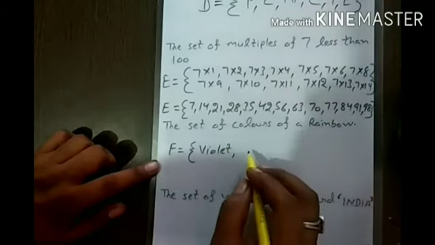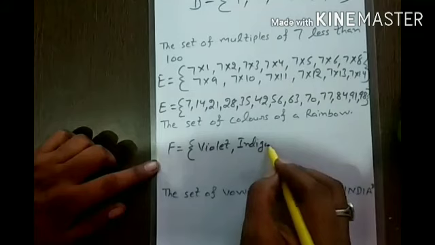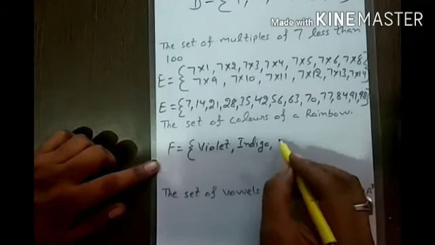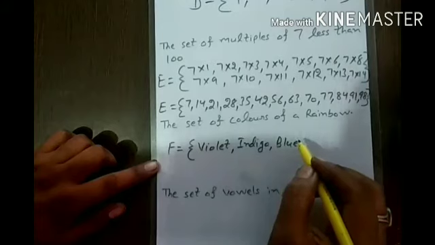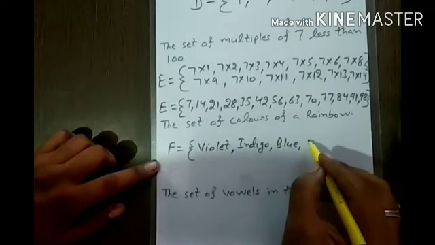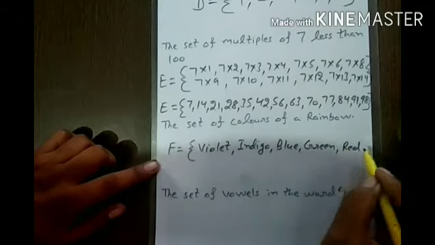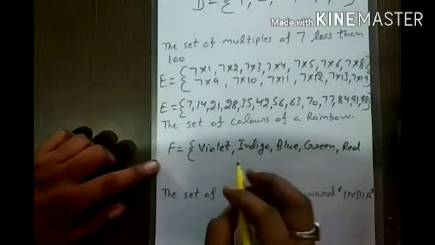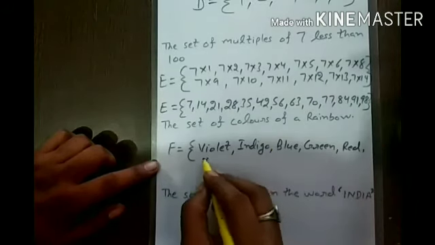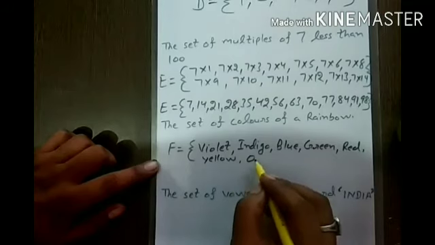Violet, indigo, blue, green, red, that is 1, 2, 3, 4, 5. Two more are there, yellow and orange.